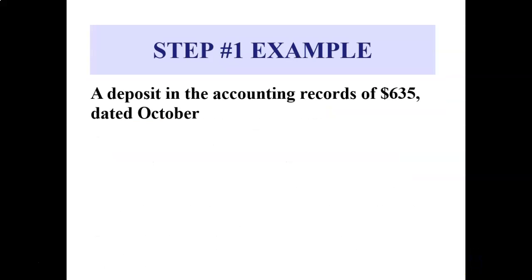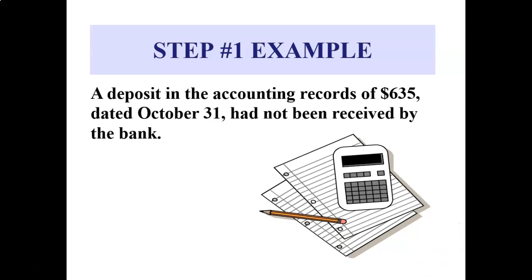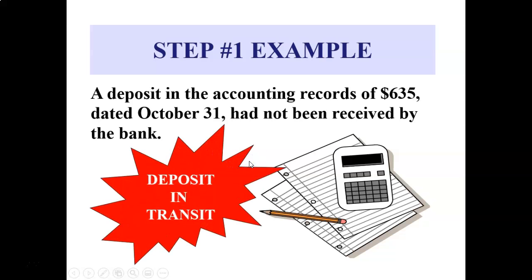So here is an example for our bank reconciliation for Mary Adams. There was a deposit in the accounting records, that's the check register, of $635 dated October 31st, and it was not on the bank statement. So this is what we call a deposit in transit.